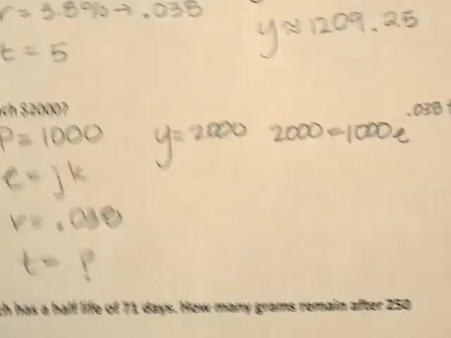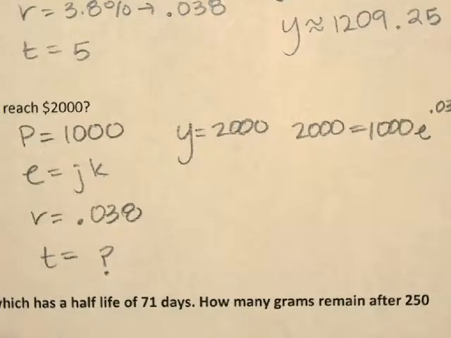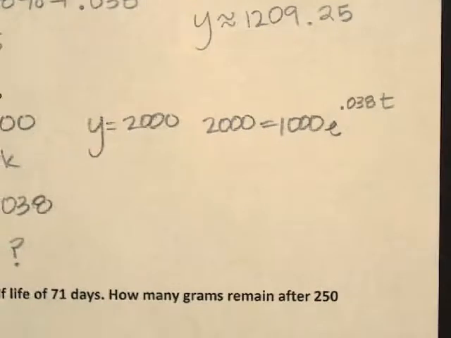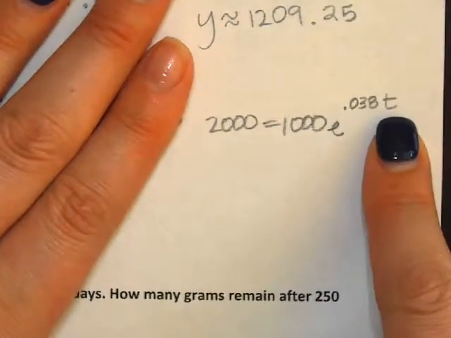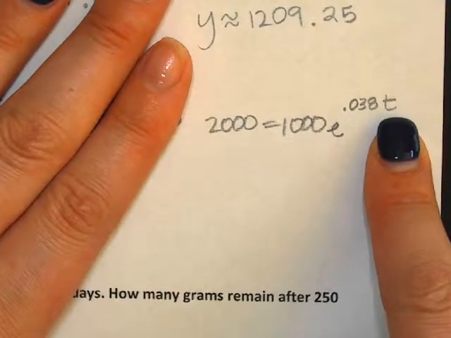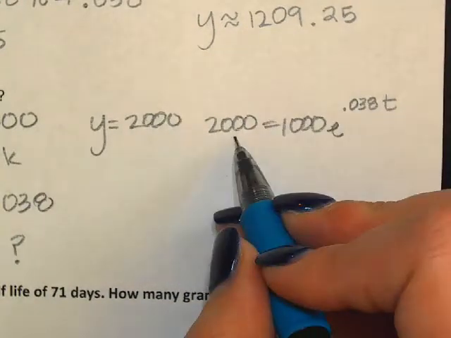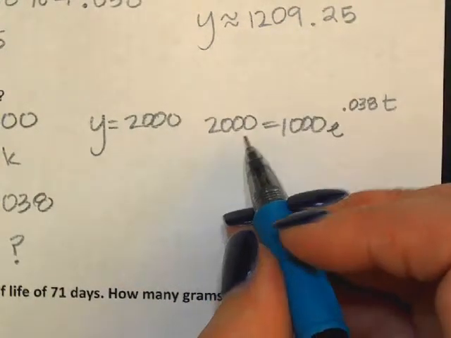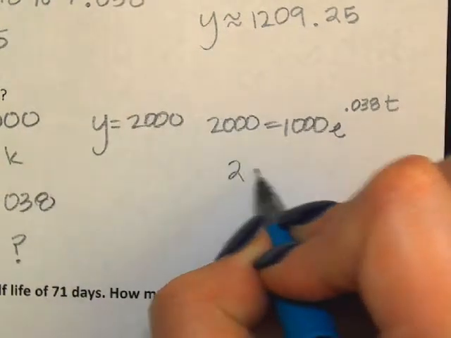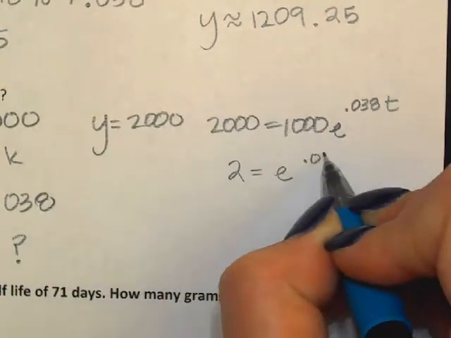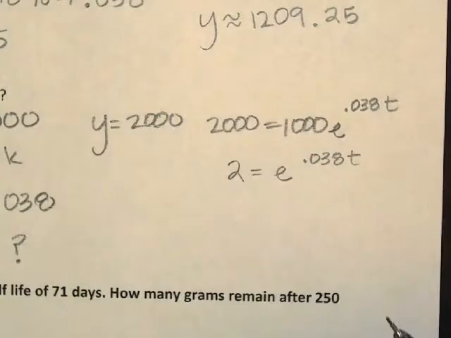Ooh. Well, we don't plug it in yet. We have to undo stuff to get the t by itself. So what could I undo first? Divide by 1,000, and 2,000 divided by 1,000 is 2. So I get 2 equals e to the 0.038 t.